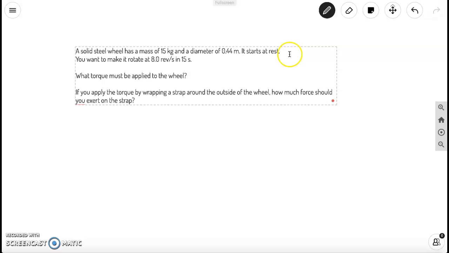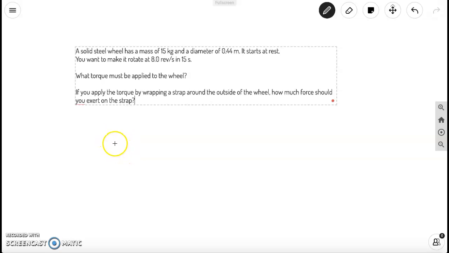You want to make it rotate at 8 revolutions per second in 15 seconds. What you want to find is what torque must be applied to the wheel, and if you apply the torque by wrapping a strap around the outside of the wheel, how much force should you exert on the strap. Okay?